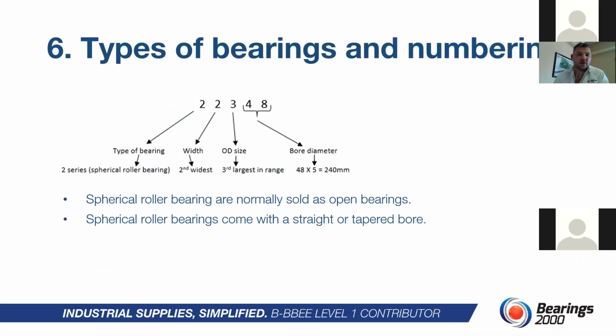There you can look at an example. The spherical roller bearings are normally sold as open bearings. The main reason for that is that it goes into a housing, and that housing will have its own seals to seal the unit. Spherical roller bearings come in a straight or a taper bore.